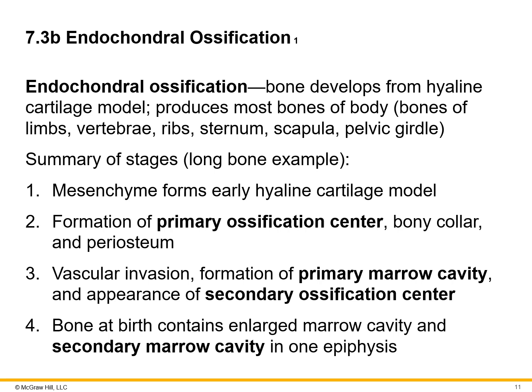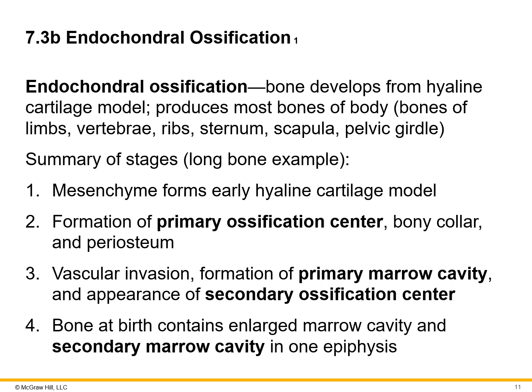And then we're going to have a formation of a primary ossification center where that cartilage is going to be converted to bone. And there will be a bony collar as well as the formation of the periosteum. Then we're going to have invasion of blood vessels and formation of a primary marrow cavity, and then the appearance of a secondary ossification center.